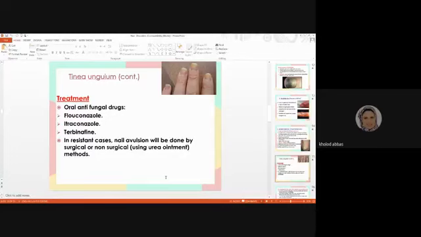Treatment according to the nail infection; we need to continue the treatment regimen for a duration of 6 weeks to 3 months. In resistant cases, nail avulsion could be done.